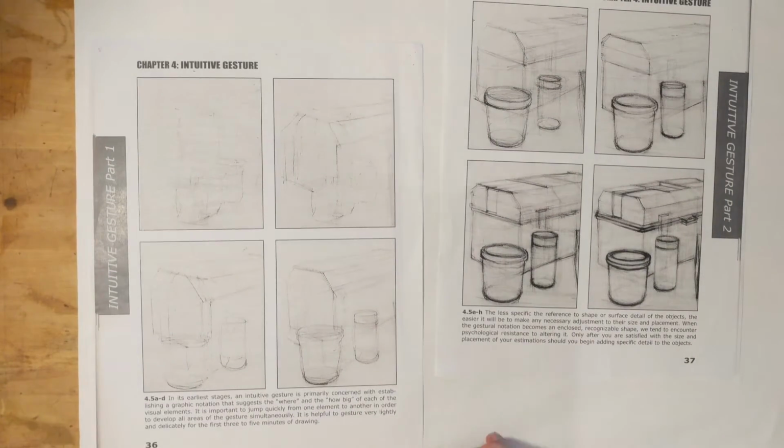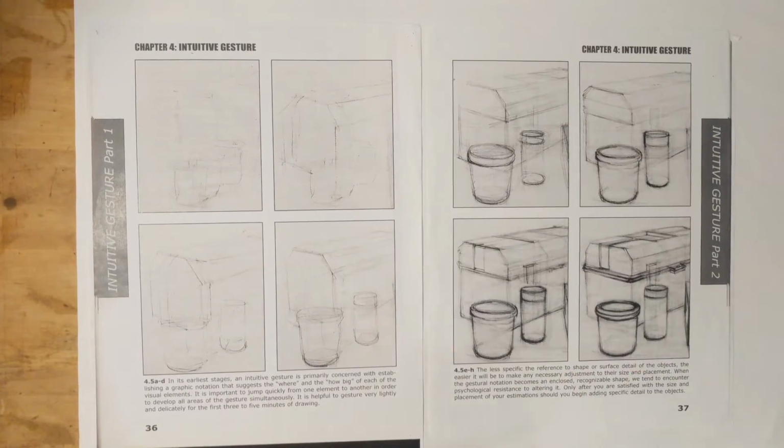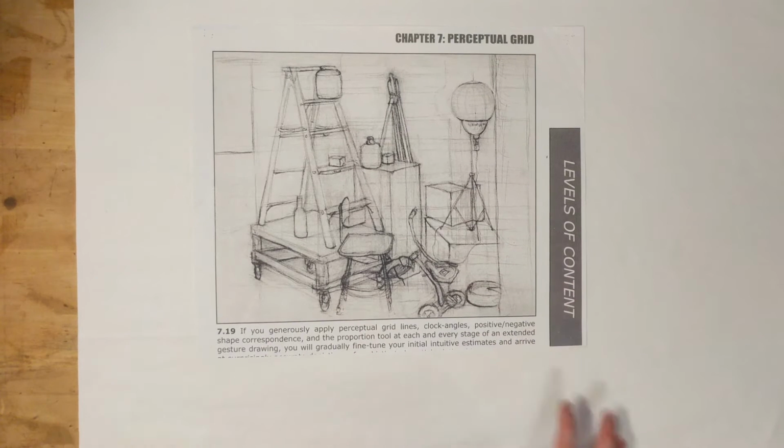Hello there. In the last video, we talked about drawing a still life from direct observation and took more of a gestural approach, whereas today we're going to be talking about things a little bit more technically, and we'll talk in more detail about how to use techniques like the Mondrian tool and perceptual grids to accurately draw objects in proportion to one another.